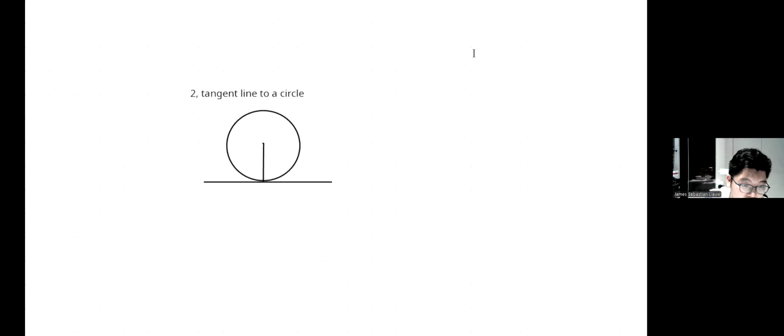So it's always a right angle. That means you just have to find the equation of the line connecting the center and the point on the circumference, and then at that point you just find the perpendicular gradient, and then you find the value of c by substituting everything into the coordinates of the point of tangency, which is already given to you.